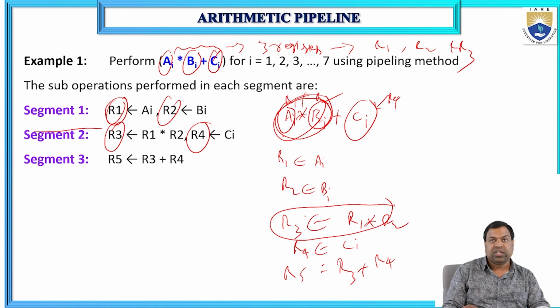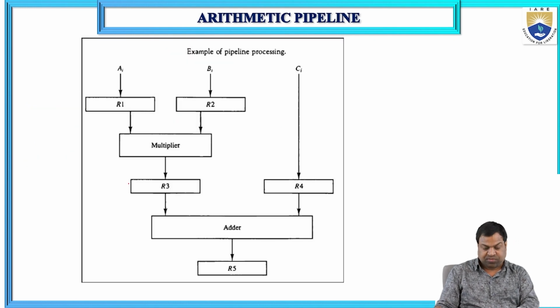So for the addition of 2 registers, I am taking another register. A into B means register 1 multiplied with register 2, and this result will be stored in register 3. CI is already occupying one register. So we add this register value plus this register value, and that is the final register, segment 3.